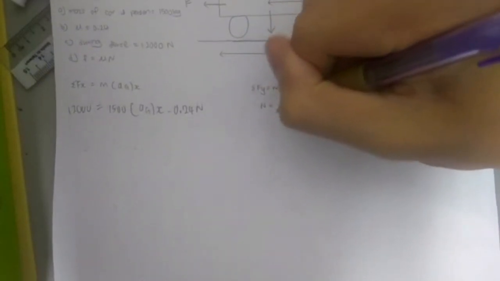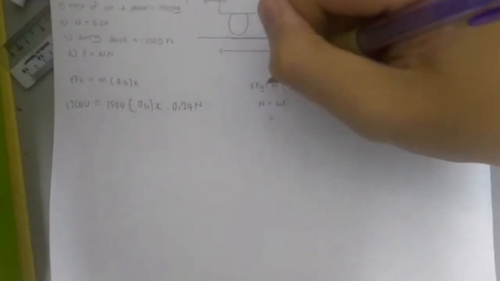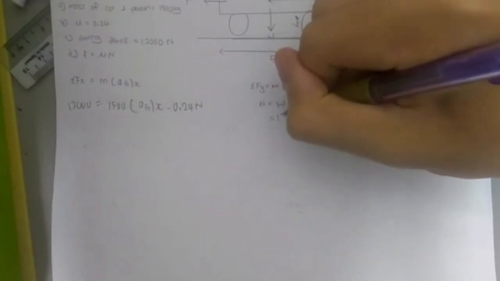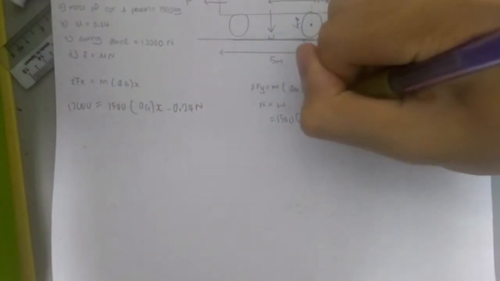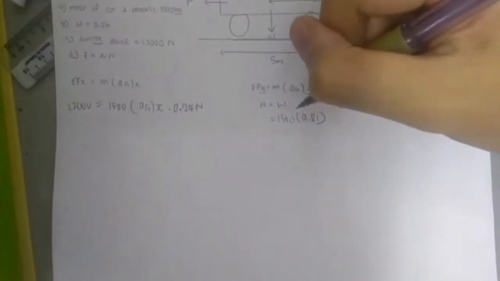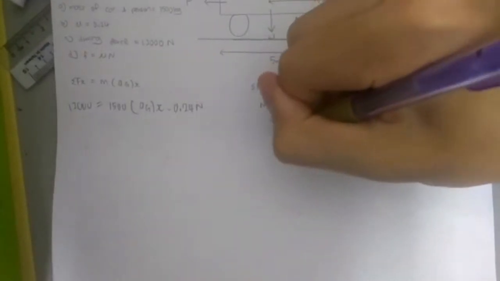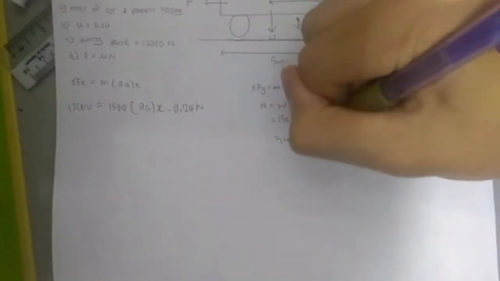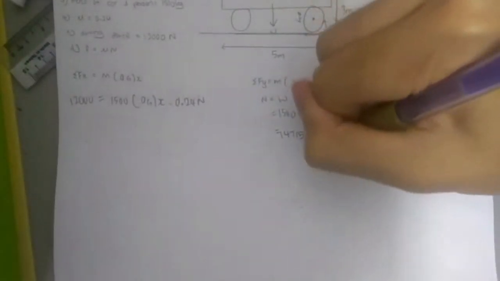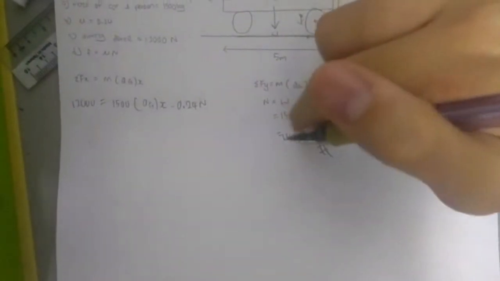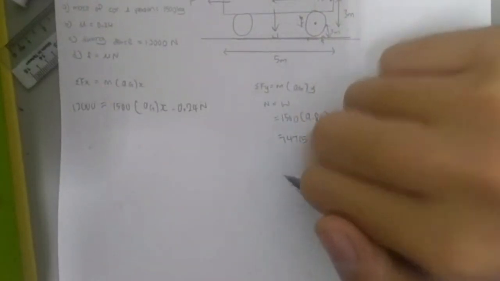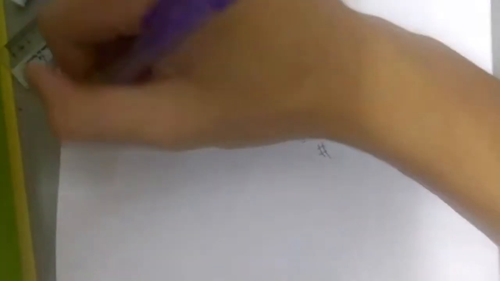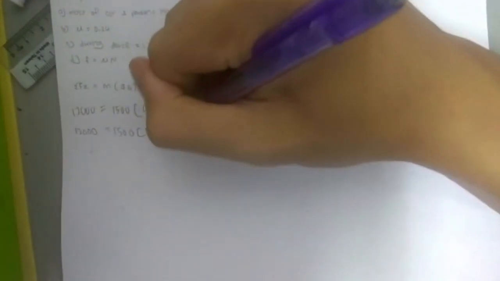Okay, so for now we come with this fy, summation of fy. What you have is n equal to w, which is 1,500 times 9.81, which is the gravitational acceleration, and then what we get is 14,715 Newton. Okay, and then we can sub this normal force into this equation.